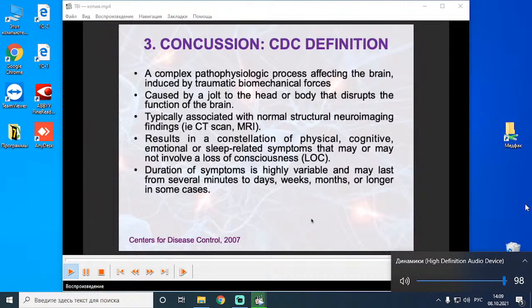Duration of symptoms is highly variable and may last from several minutes to days, weeks, months, or longer in some cases.